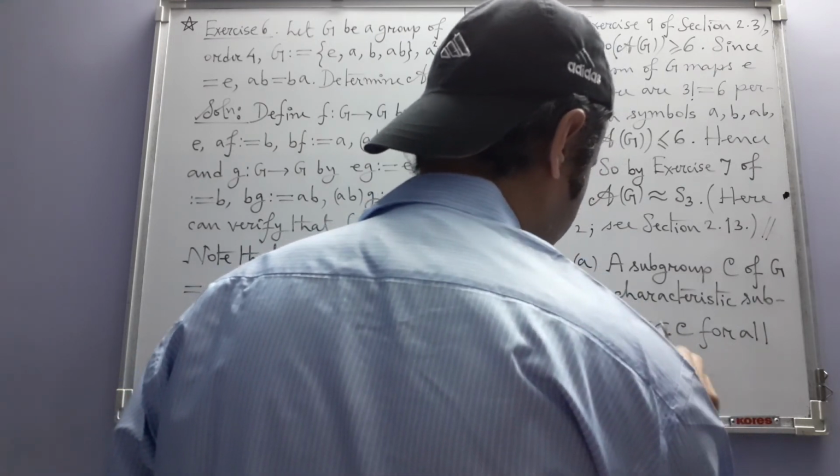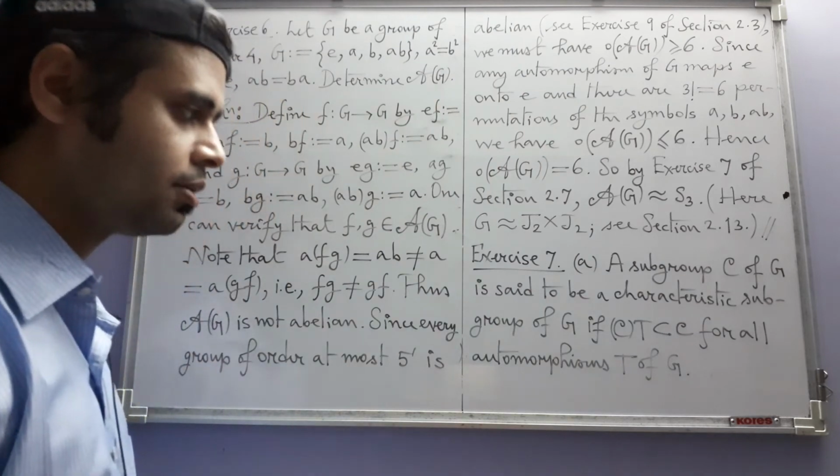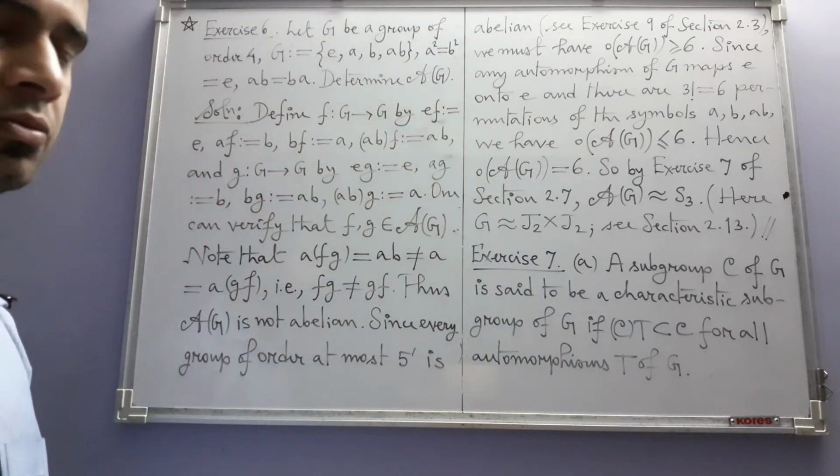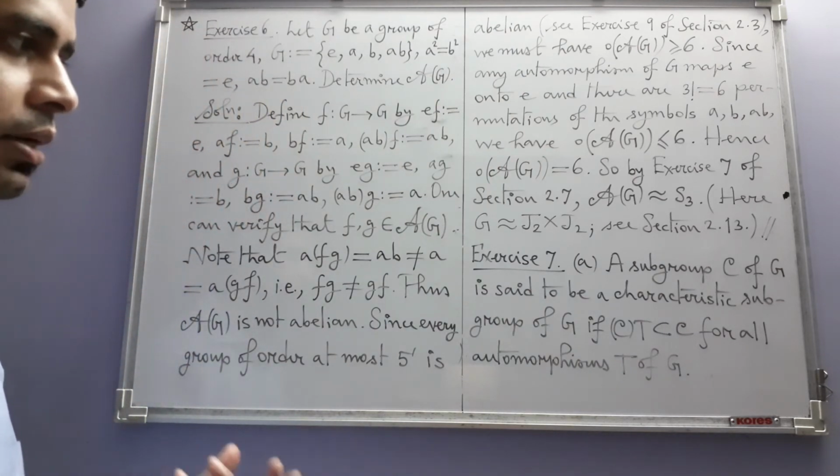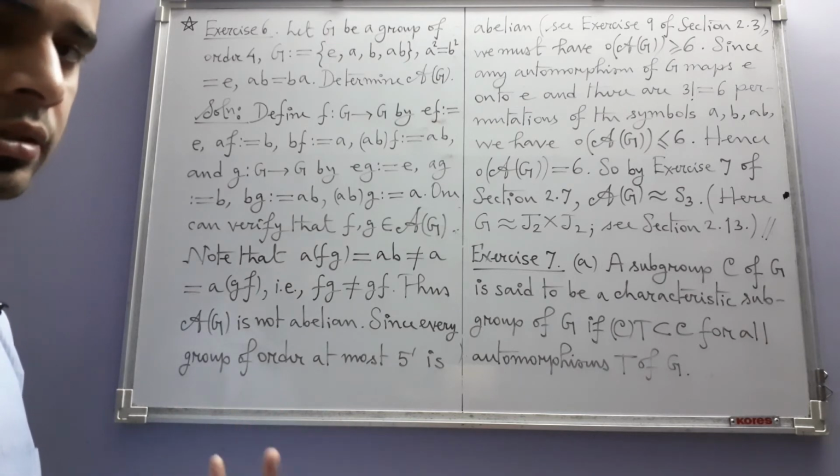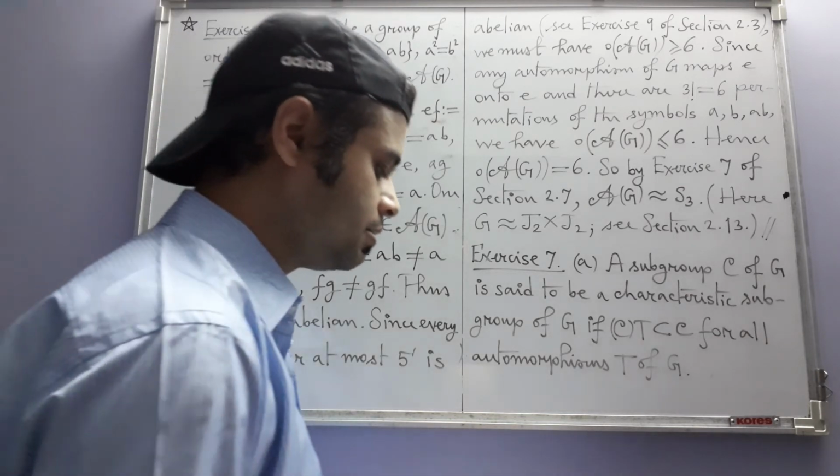This should be true for all automorphisms T of G. But in spite of this very restricted condition, characteristic subgroups exist.